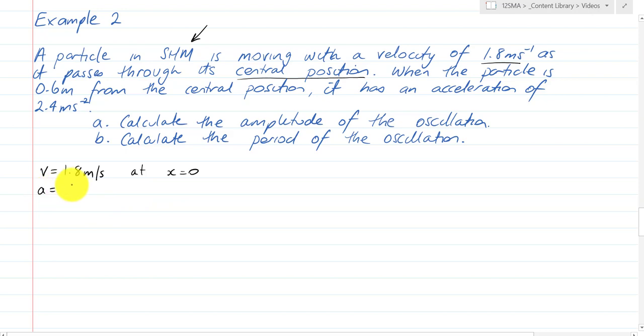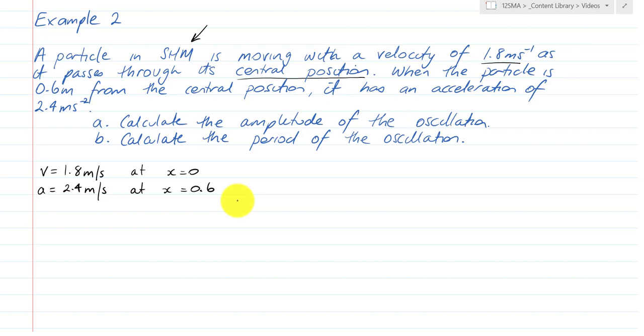I also know a displacement and acceleration relationship. So I've got acceleration is 2.4 meters per second squared at x equals 0.6 from the central position. Now you notice here the link between acceleration and displacement is always that negative omega squared x.